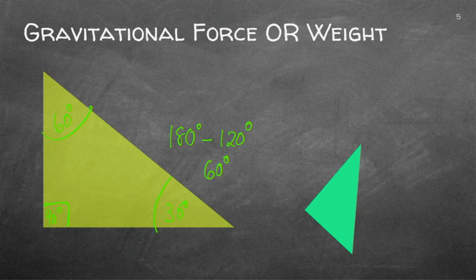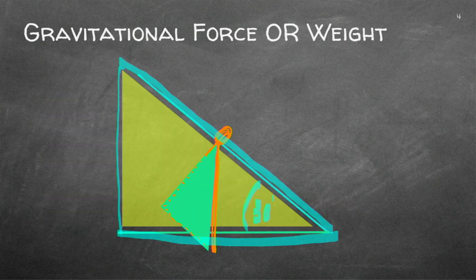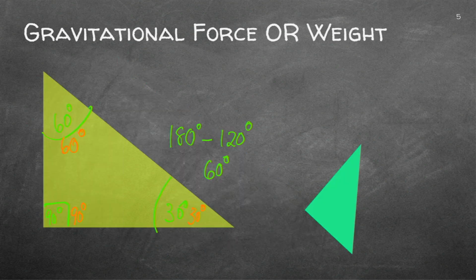Let's quickly have a look. This one is 90 degrees, this one is 30 degrees, and that one is 60 degrees. If I took the small triangle and I took it away, I actually have there the object with the weight.